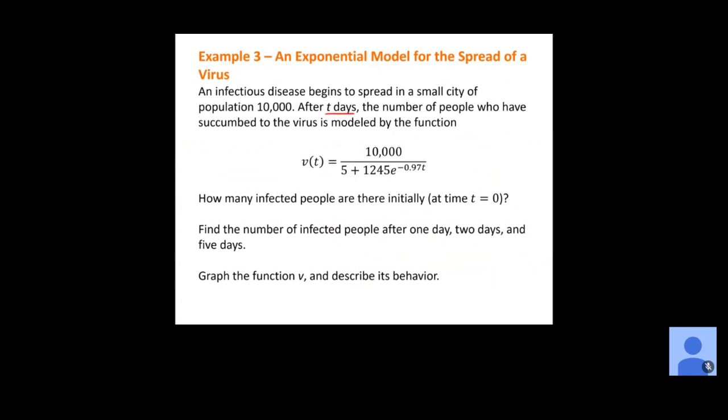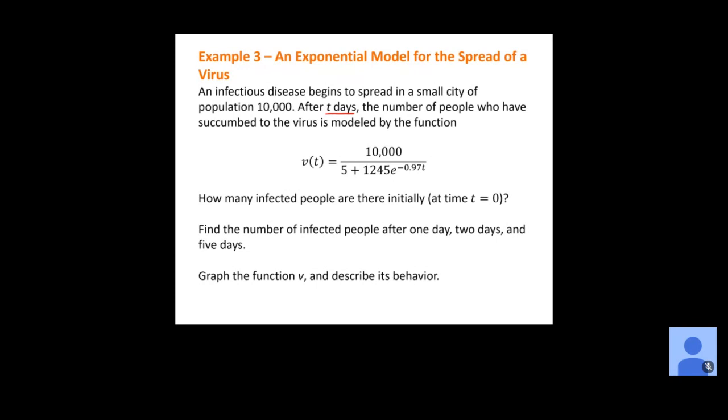Now, the first question we want to answer is how many infected people are there initially? And when we say initially, that just means at the start of this spread, right? So at time T equals 0, what is the number of infected people? So how are we going to find that? Good, right?